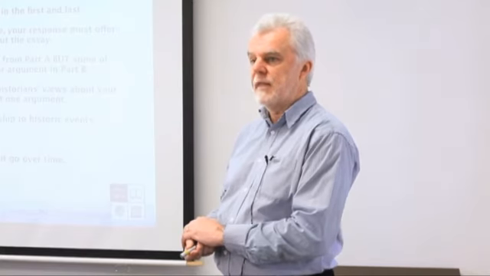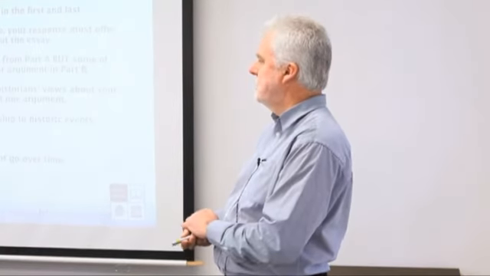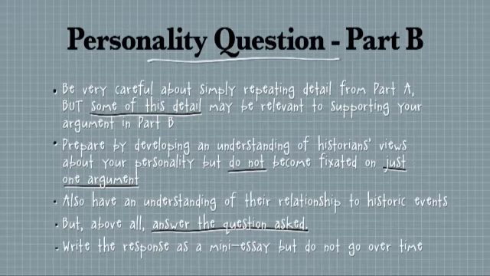But whatever you do, don't go into the paper just with that single response prepared, because the question may take you in another direction. Definitely, again, have an understanding of the personality's relationship to historic events, and above all, repeating this phrase yet again, answer the questions asked in the paper. Write this response here as a mini essay, but ensure once again that you don't go over time.